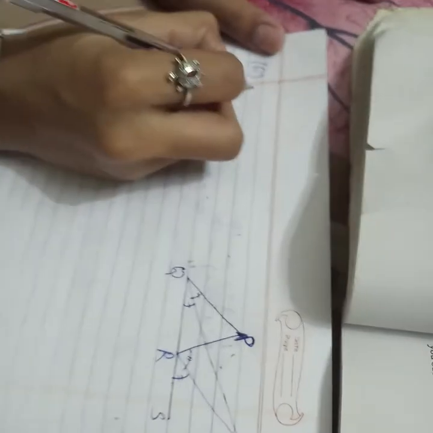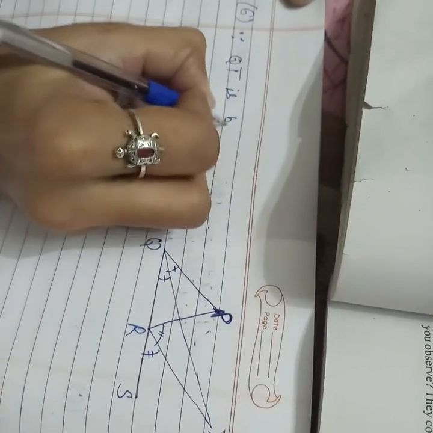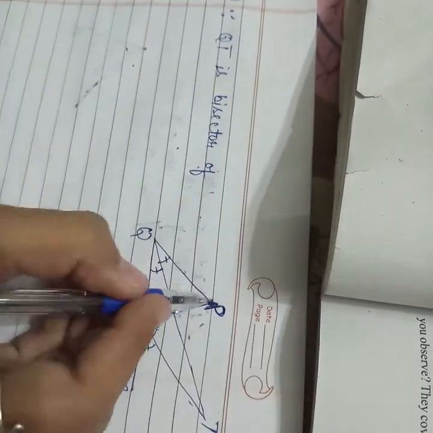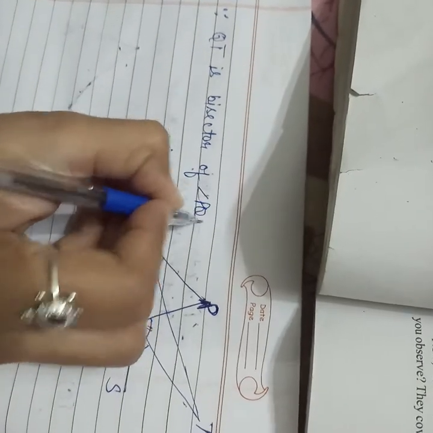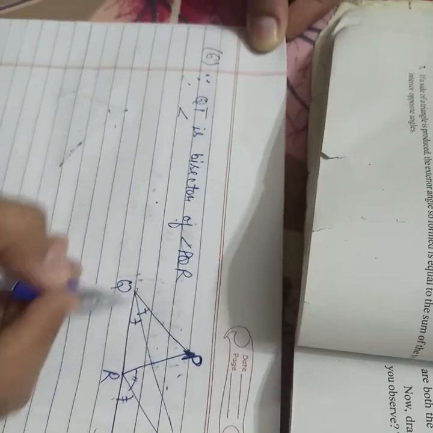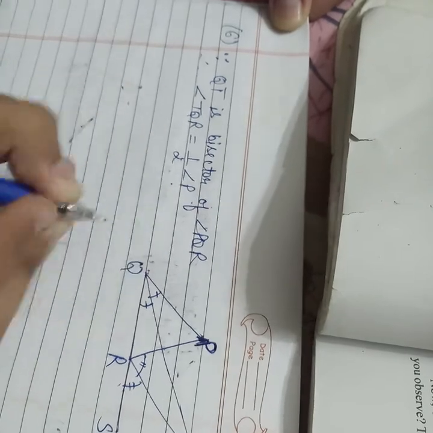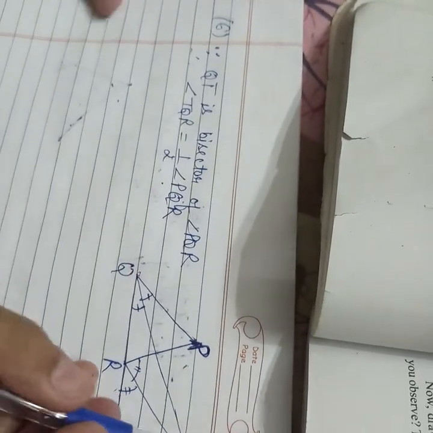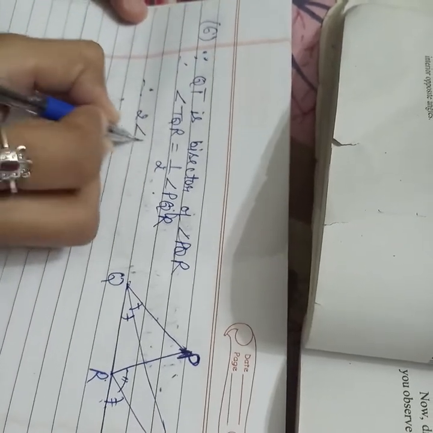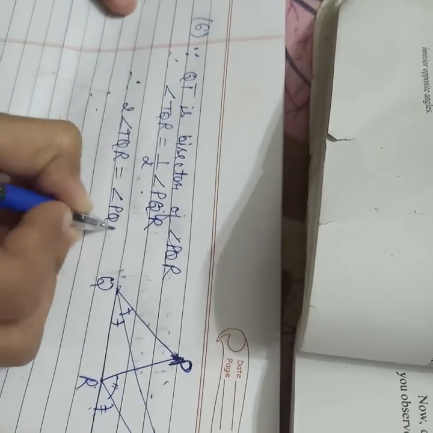Now, because QT is the bisector of angle PQR, therefore angle TQR equals half of angle PQR. TQR is half of PQR, therefore 2 times TQR equals angle PQR.